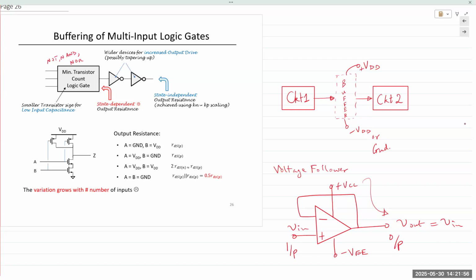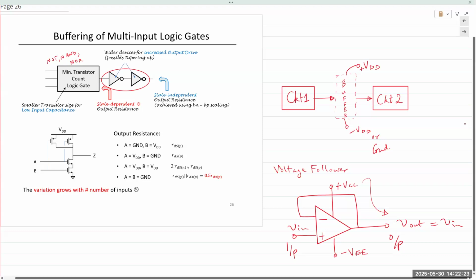What we can do is connect a circuit comprising 2 inverters connected in series. These 2 inverters connected in series form what is known as a logic buffer circuit. What this does is it fixes the output resistance.